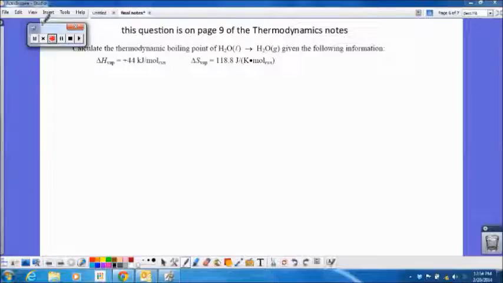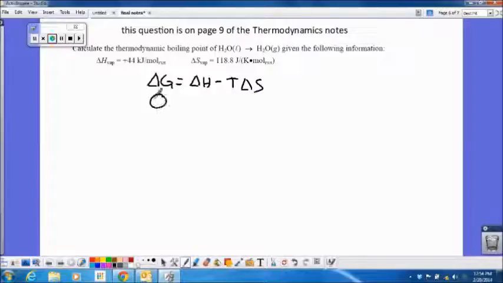So I can start by using delta G equals delta H minus T delta S. And then I say, well, if I'm at the boiling point, I'm at equilibrium. So delta G for this reaction is 0.